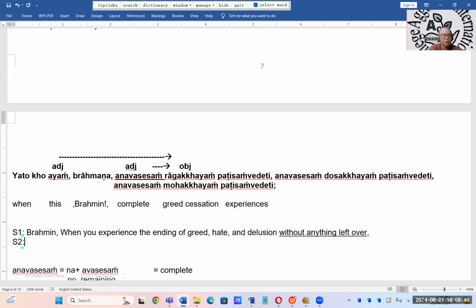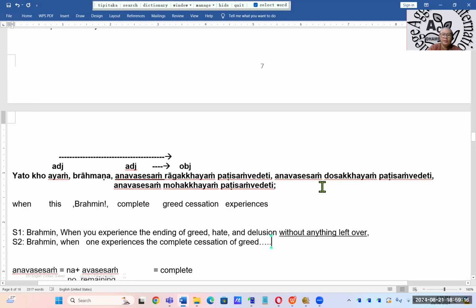So we can do our translation. So Brahmin, when one experiences the entire or complete cessation of greed, and then it will be followed by the same translation.